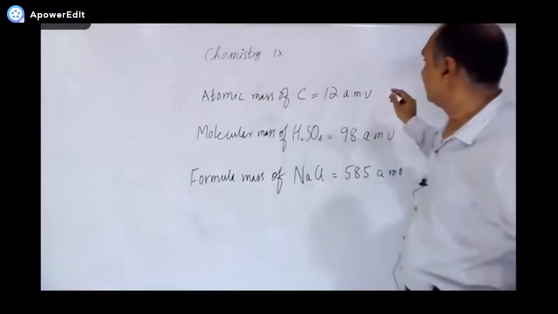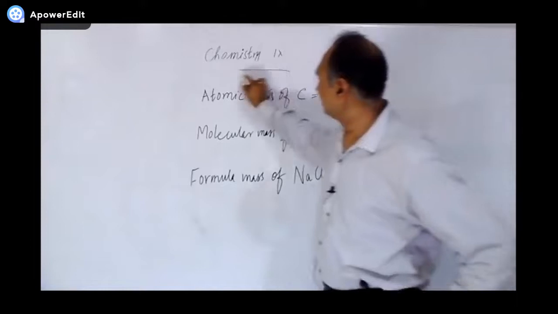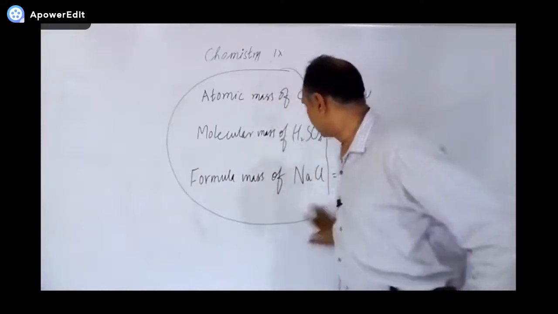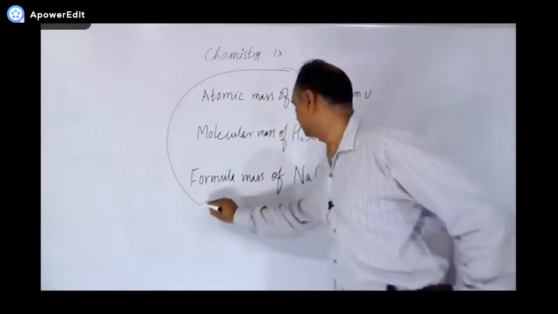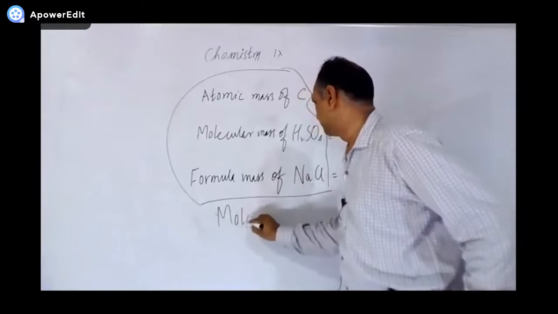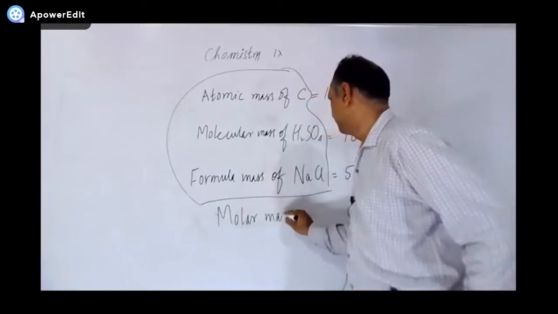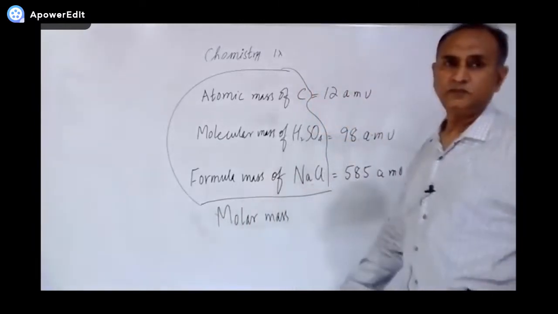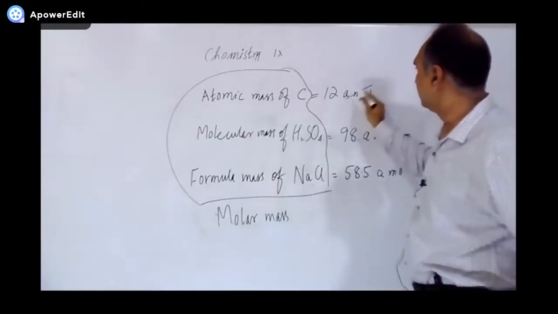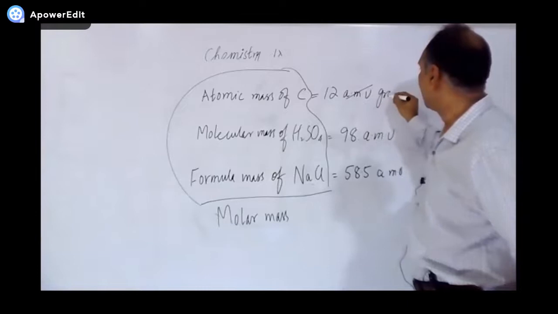So scientists say, instead of writing so many masses, just write a term, molar mass. And write, instead of AMU, G, grams.